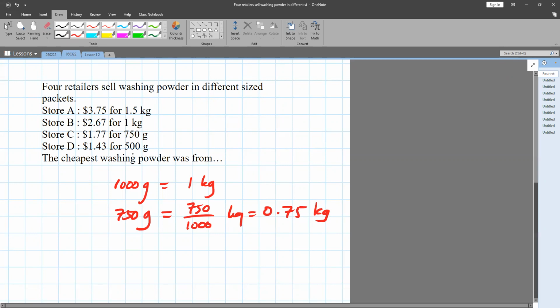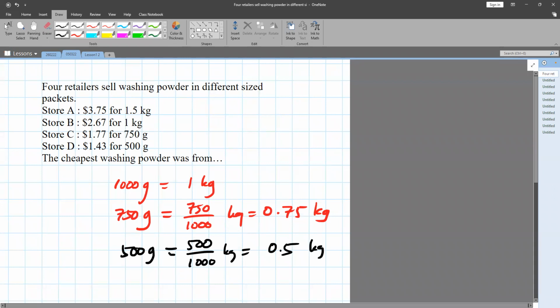Now, we'll have to do the same thing for this 500 grams. If you have 500 grams, what is it in kilograms? 0.5 kilograms. The way to do that is also the same, you divide by 1,000. Also I know 500 is half of 1,000. So now look at this.